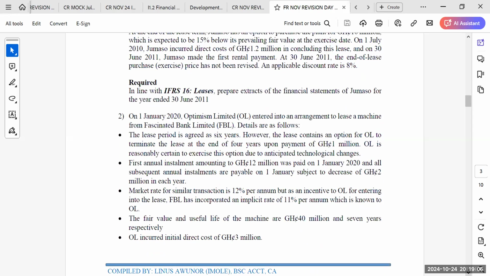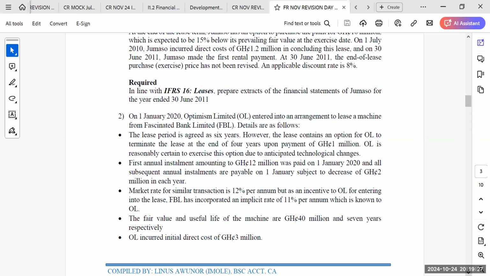OL is reasonably certain to exercise this option due to anticipated technological changes. 2. The first annual installment amounting to 12 million was paid on 1st January 2020, and all subsequent annual installments are payable on 1st January, subject to a decrease of 2 million in each year.